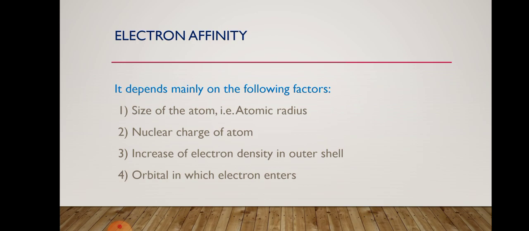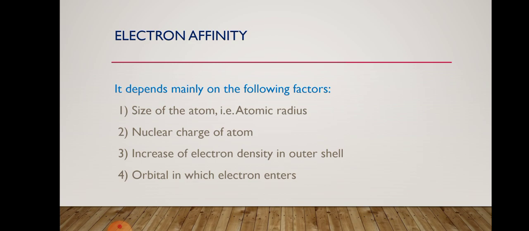Now I am going to discuss factors controlling electron affinity. It depends mainly on the following factors. Number 1, size of the atom, that is atomic radius. Increase of atomic size decreases electron affinity, and it's a group based relation.